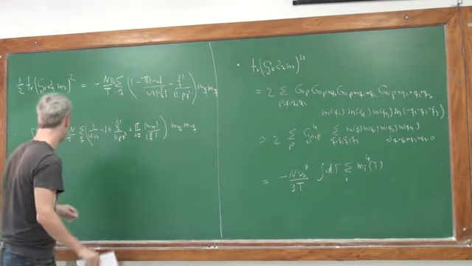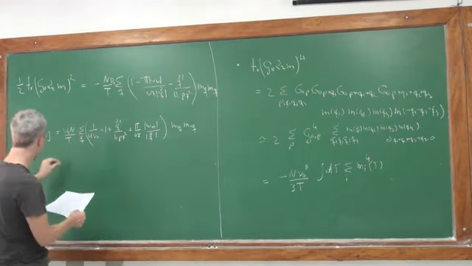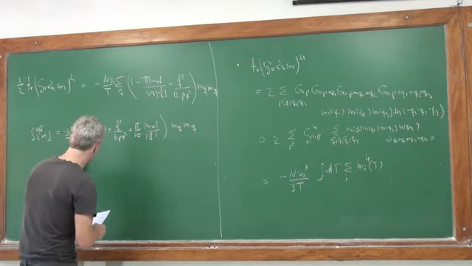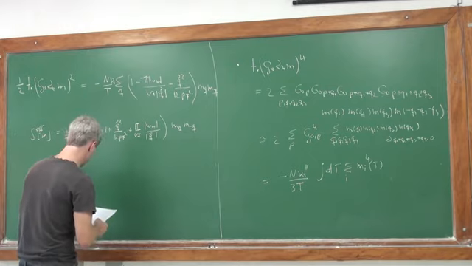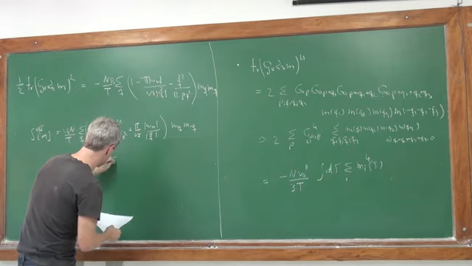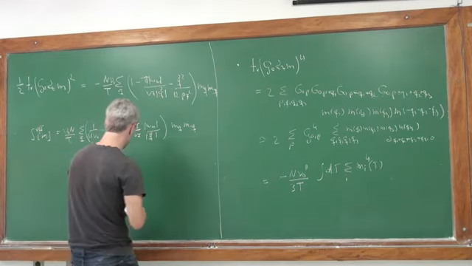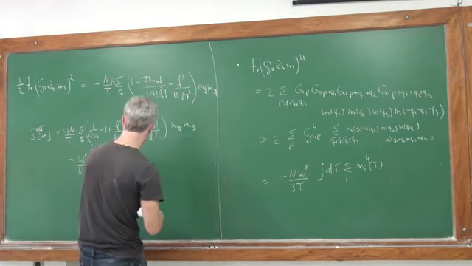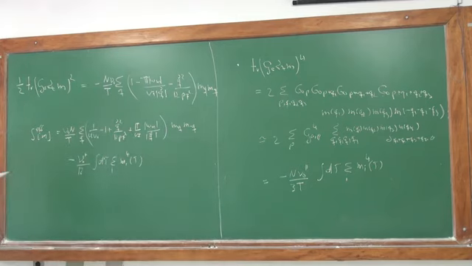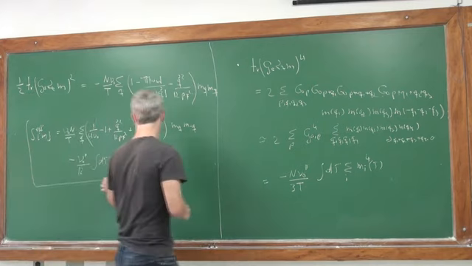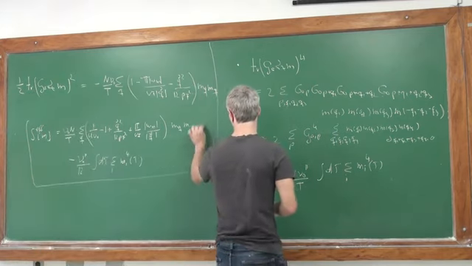So this will give a factor 1/12. So we have a minus second derivative of the density of states, tau to the power 4. Okay? So this is the end result for the effective action to fourth order.